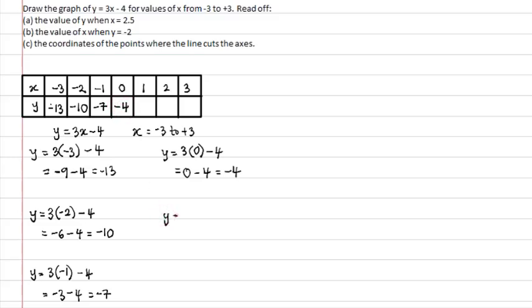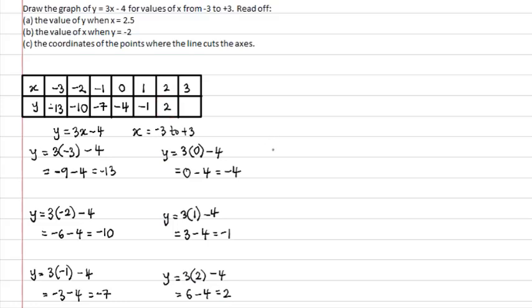Again, y equals 3x minus 4, this time with 1. So that is 3 minus 4, which is minus 1. Y equals 3x minus 4, this time with 2. So 3 times 2 is 6, minus 4, which gives us 2.